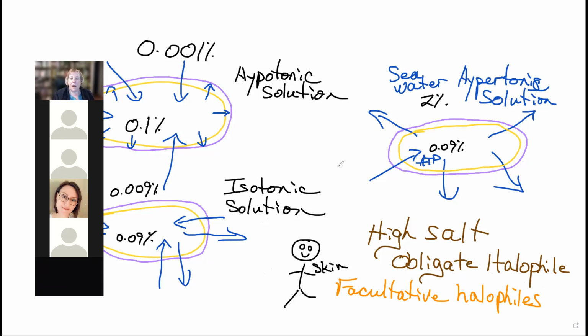I've used salt as an example. The same thing happens whether we're talking salt or sugar. If we have a higher sugar solution outside of the cell, it's going to do the same thing. So when we're not specifying salt versus sugar, we call this osmotolerance.